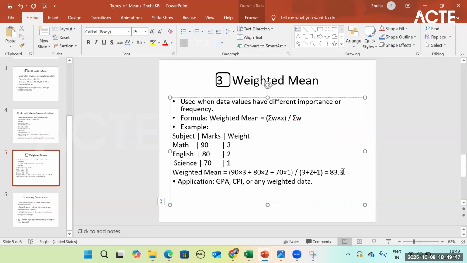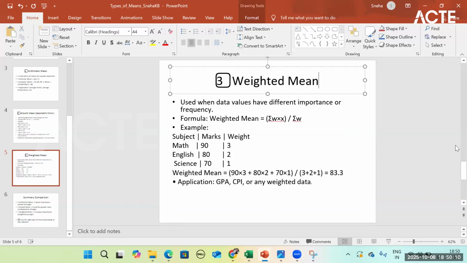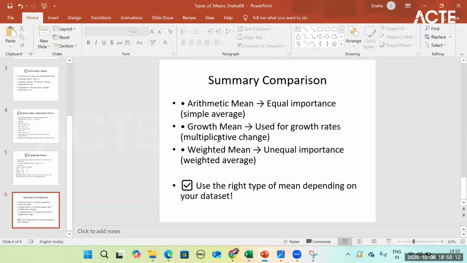That will give me the mean of this value. Getting my point? This is called weighted mean, usually applied in calculating weighted data. If I take an example of your marks, CGPI or GPA, at that time you have to use weighted mean. These are the three different types of mean which we can see in statistics.